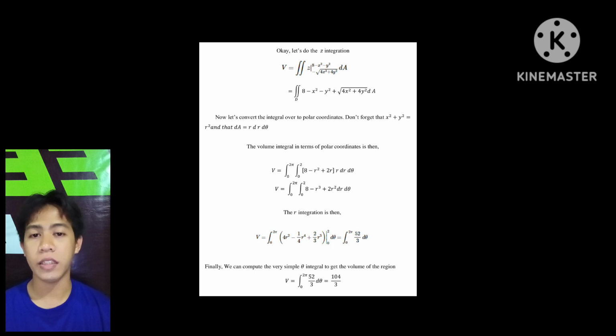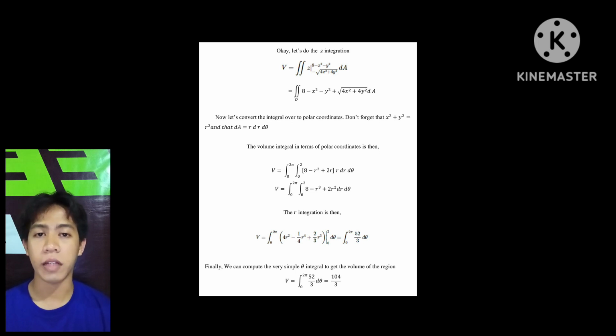So the volume integral in terms of polar coordinates is then V = the integral from 0 to 2π with respect to θ, and the integral from 0 to 2 with respect to r.